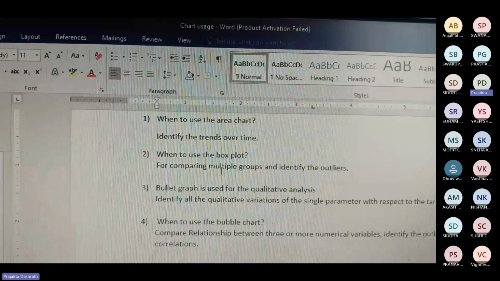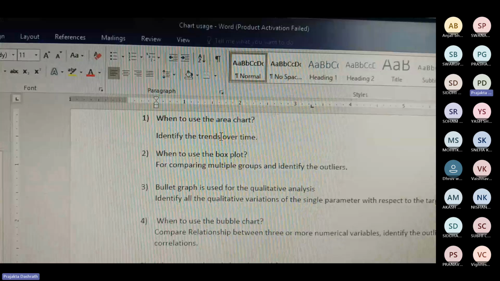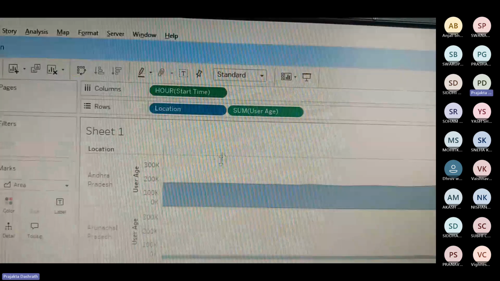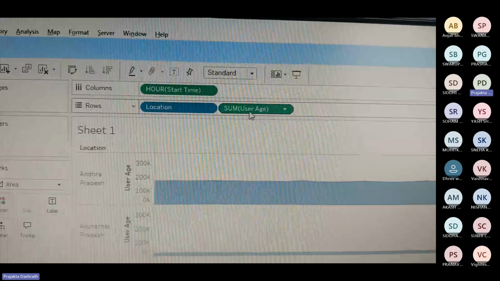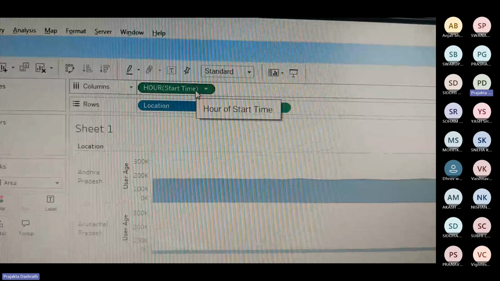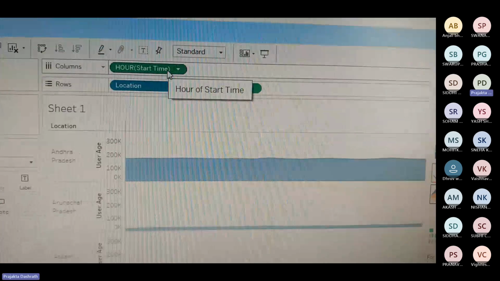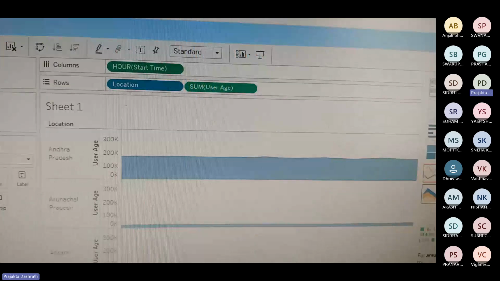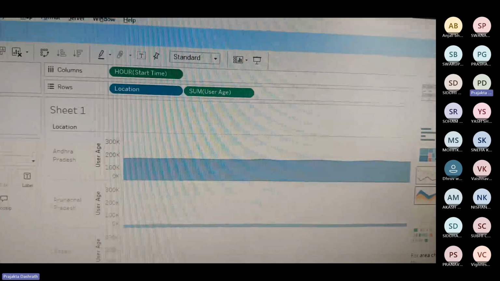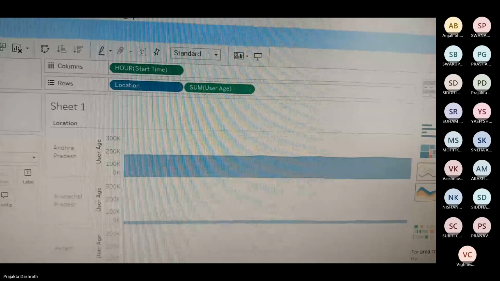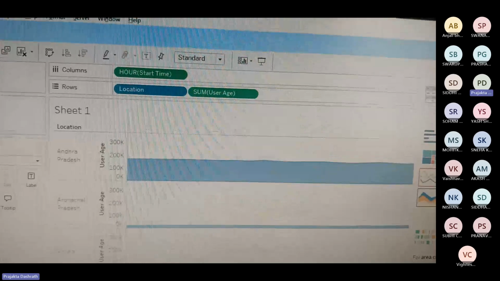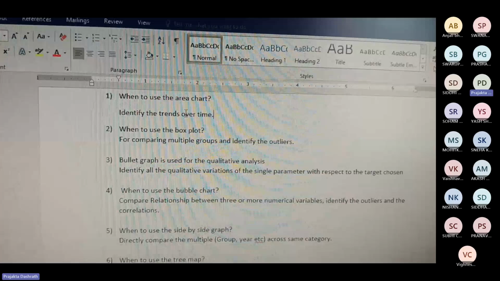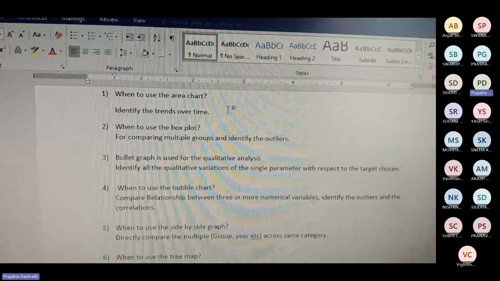To identify trends over time. We are trying to figure out the trends of location and age on the basis of start time. That's why we can use area chart. Is it clear? Shall we proceed? When to use area chart? Whenever we are trying to identify trends over time.